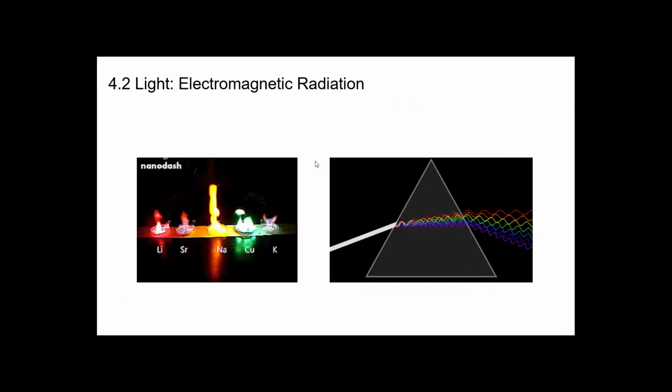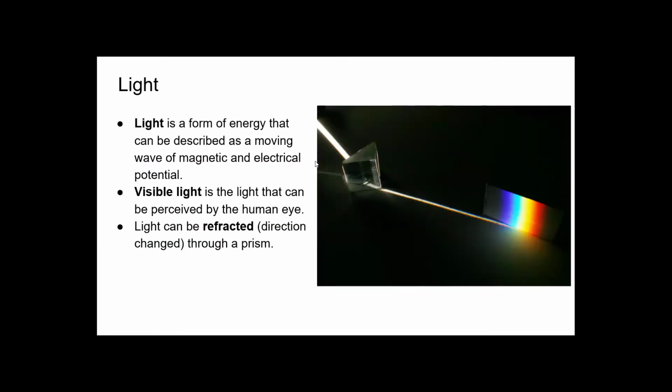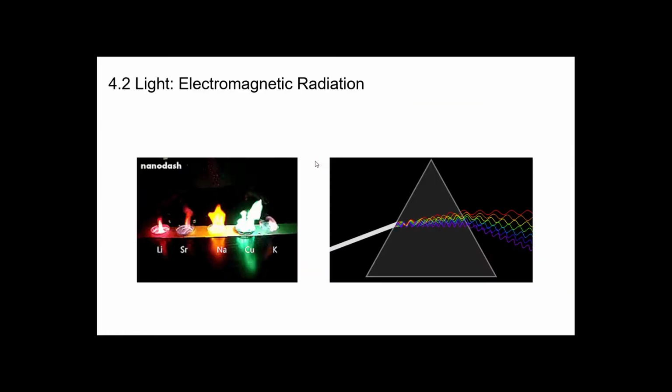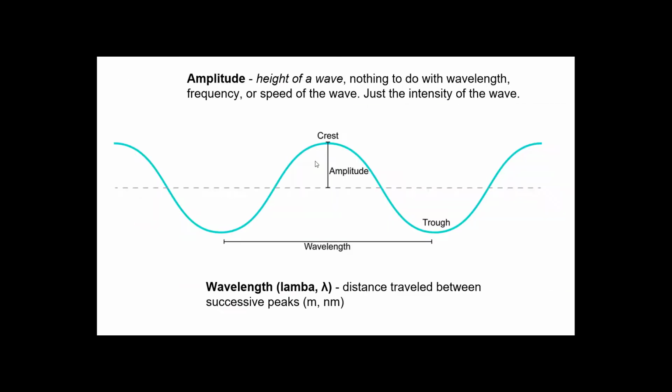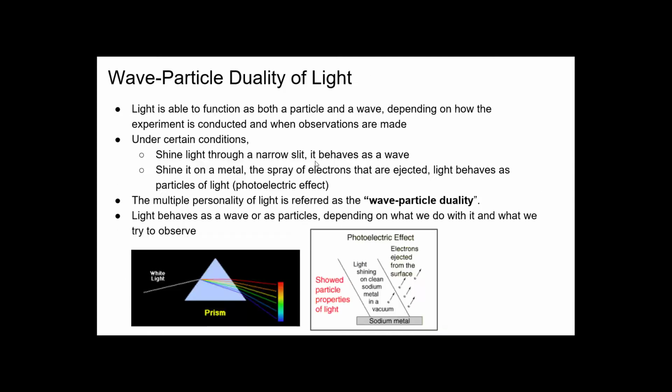If we go back here, this gives a nice visual of the waves. You can see the waves. So this is where the wave part of the wave particle duality comes from. But we can't see these moving with our eyes, so this is a better visual than that. If we shine a certain amount of light at a certain energy value, electrons will get ejected from a metal, and that's what we start calling particles.